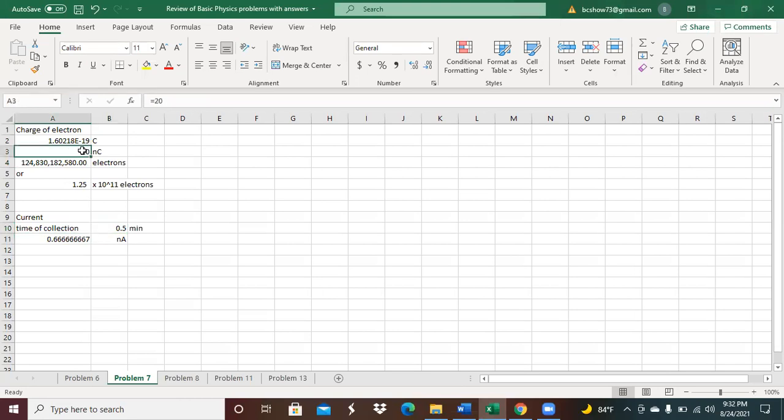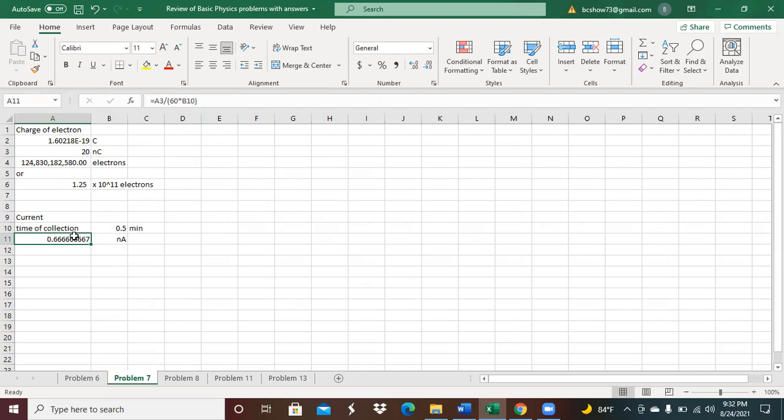So if I take this amount of charge and I want to figure out how many nanoamps that's going to be, I need to take the amount of charge that I see here and divide it basically by however many seconds I have.